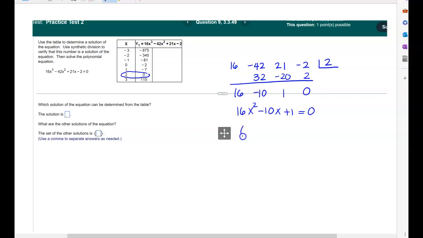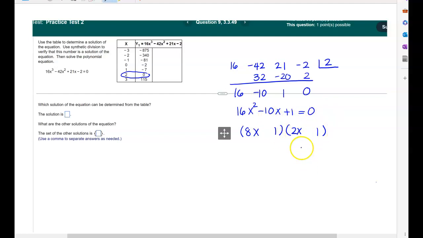So you will have 8x, not x squared. You write this as factors. So you do 8x and then the other one is 2x. Those are the factors of 16, right? And then the factors of 1 will be written here. So you have 1, 1.